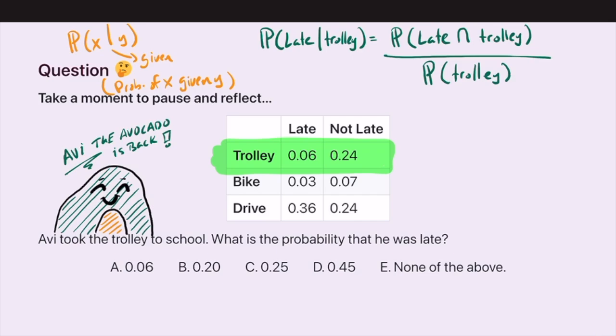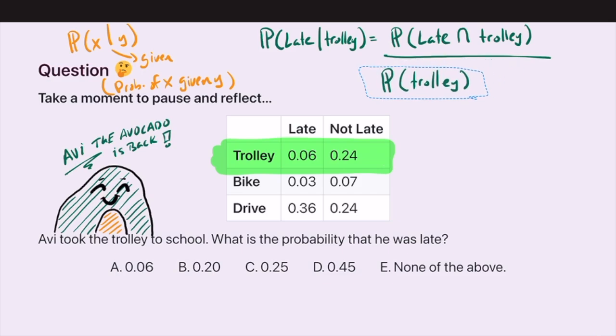Now then, the probability of taking the trolley is really just this entire row. But we can be a little more explicit to help think about this.